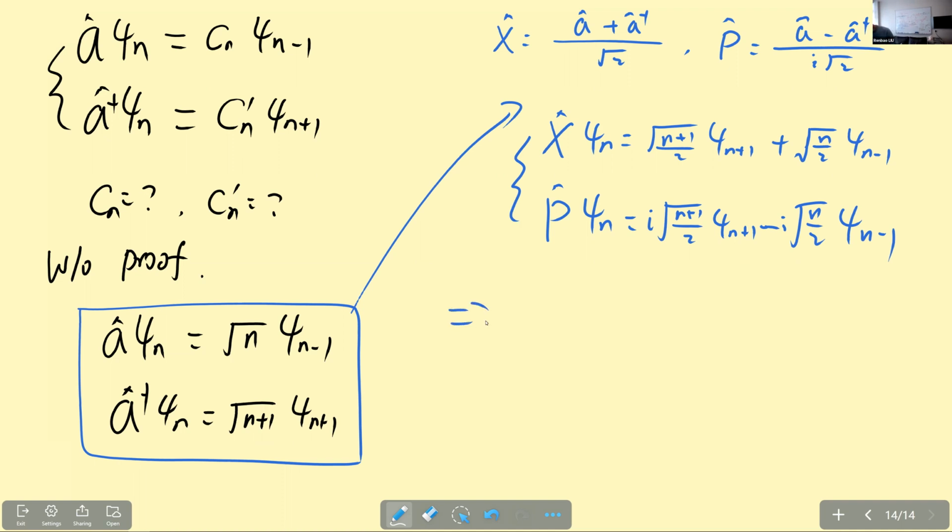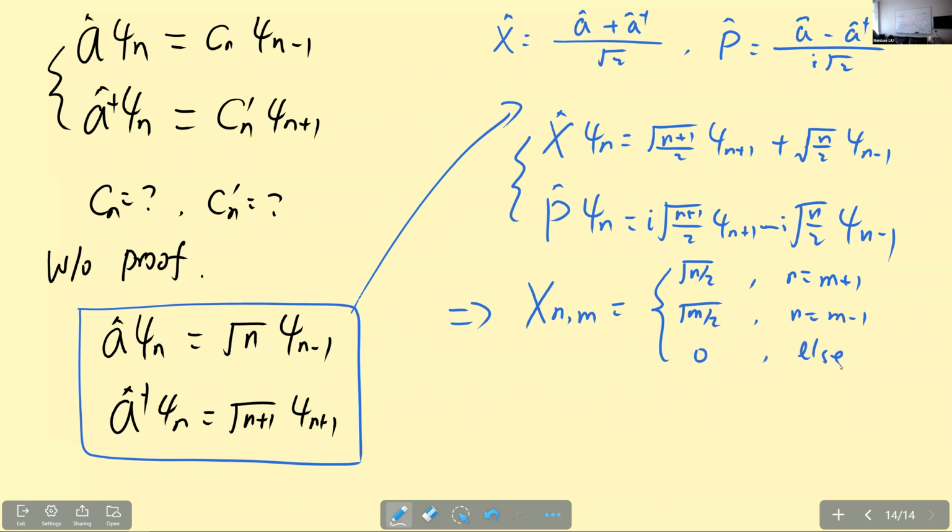So in other words, we say that this has a matrix element. That's something we have already obtained, right?